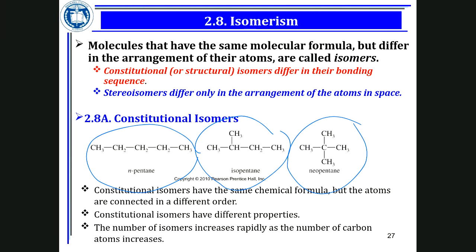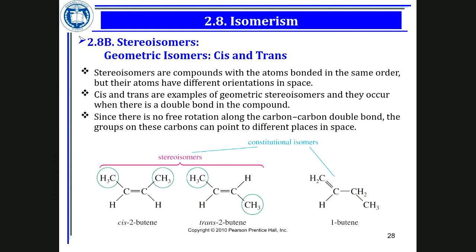For isopentane, you have a carbon that is attached to 3 carbons. For neopentane, you have a carbon that is attached to 4 other carbons. So these are different connectivity, but the molecular formula is still C5H12, so these are isomers with respect to each other.